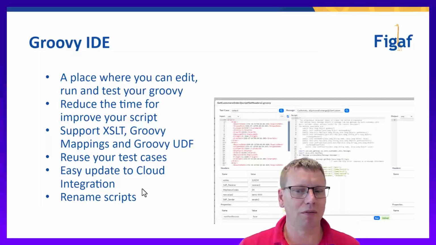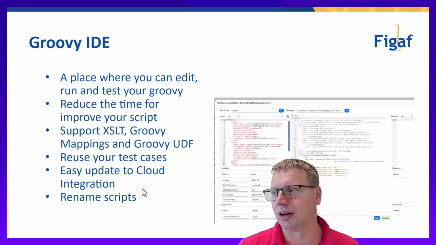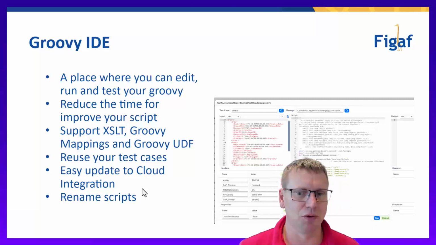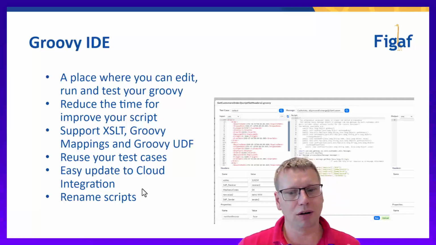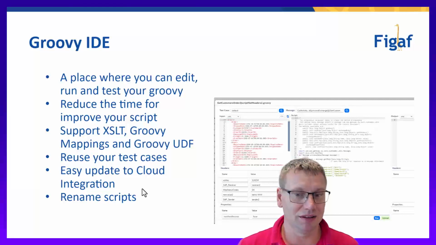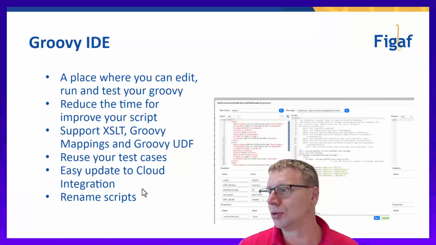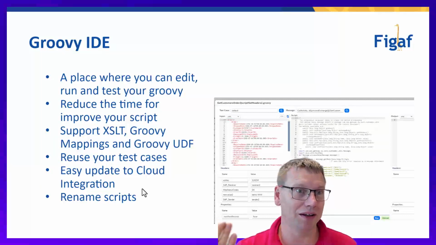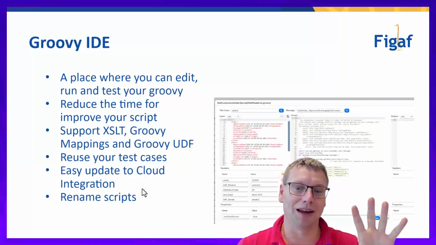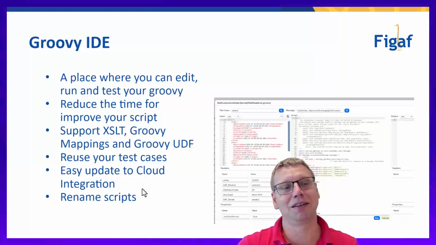Whenever we start working on something, a Groovy script and XSLT, we would be making changes to an iFlow using this. This is sometimes a little challenging because, if you don't have an external IDE, maybe you're copying to a Groovy IDE, you make changes, you upload a test case or some input data, and you run it.